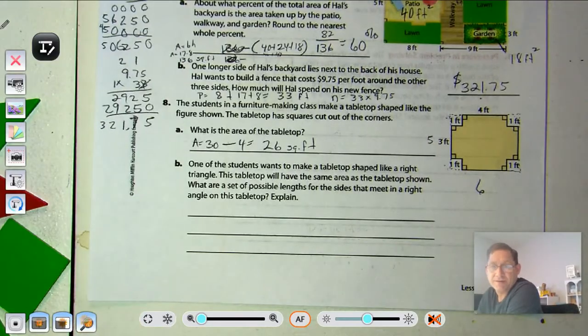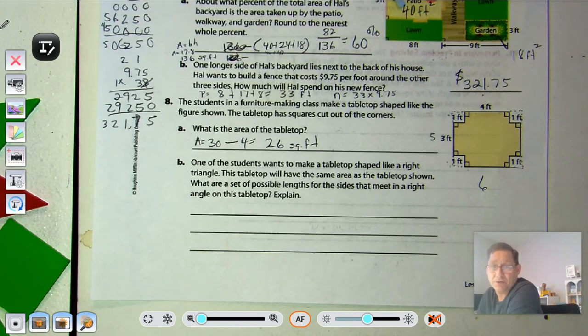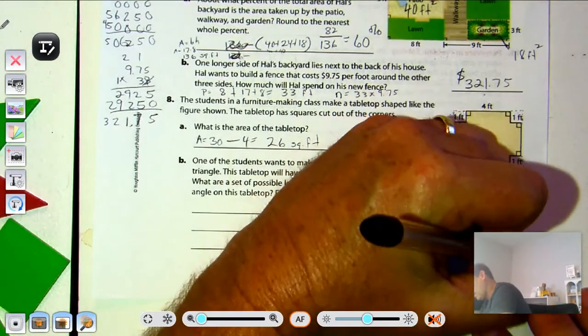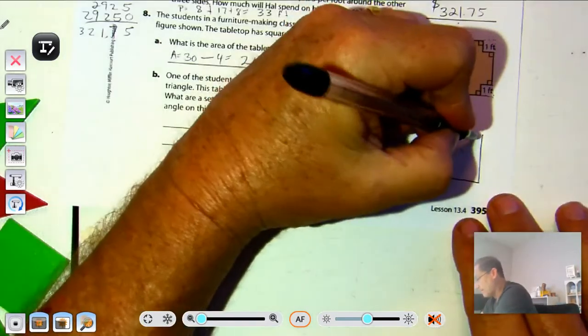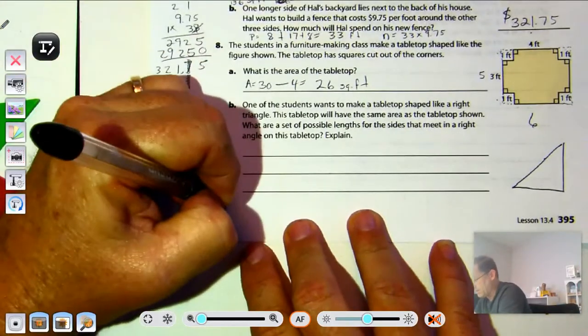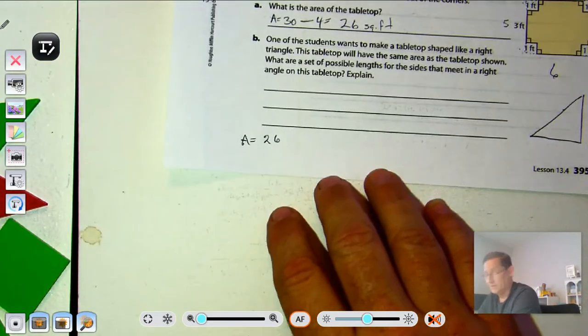Okay, one of the students wants to make a tabletop shaped like a right triangle. This tabletop will have the same area as the tabletop shown. What are a set of possible lengths for the sides that meet in a right angle on this tabletop? So they want something like that, right? If the area is going to be the same, we know that the area is 26 square feet.